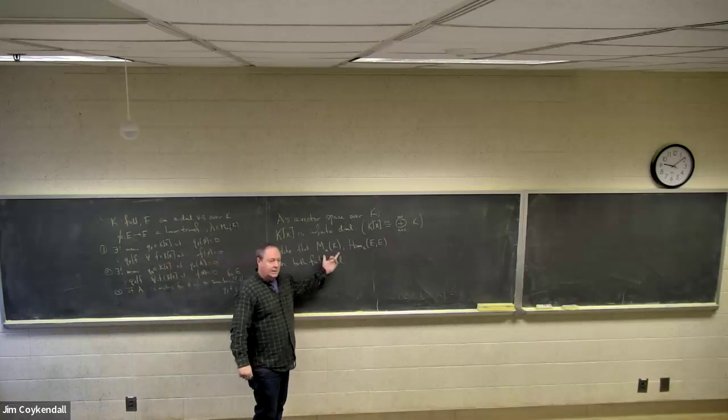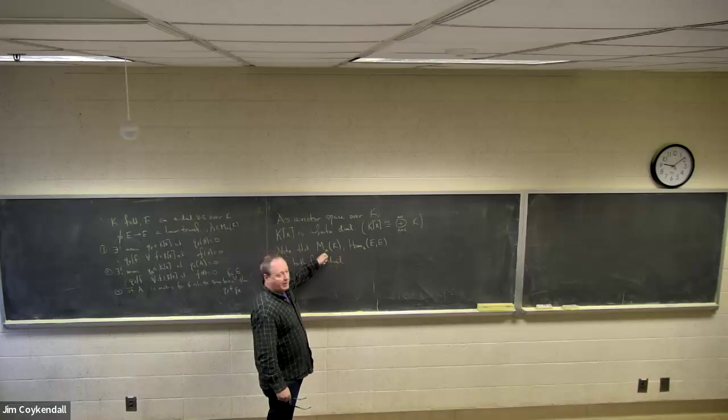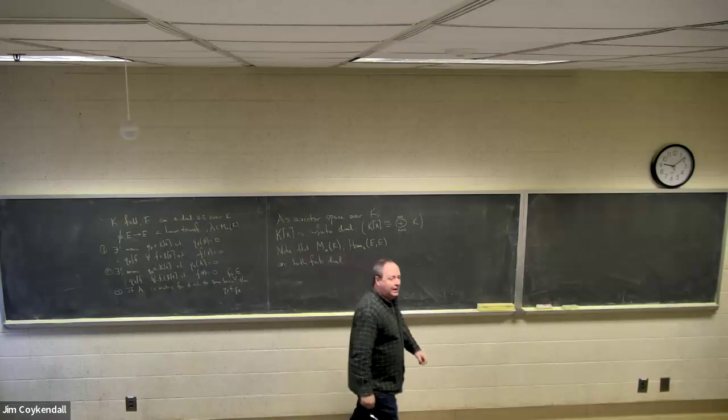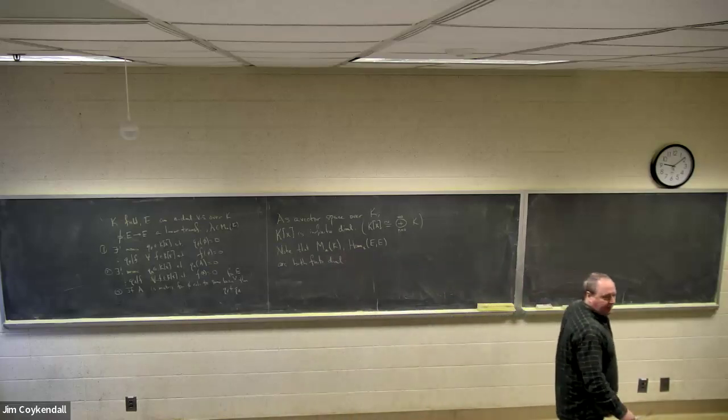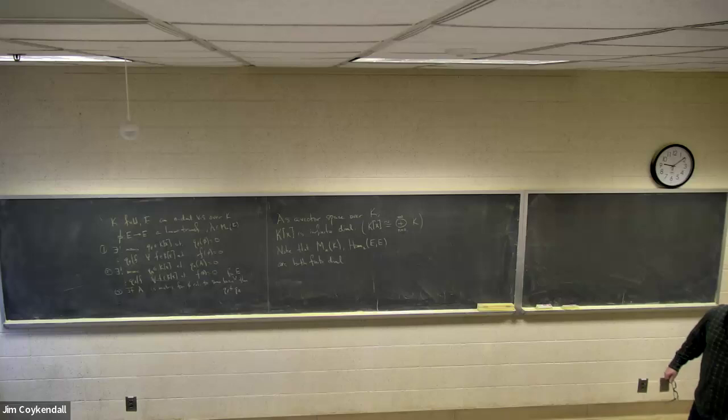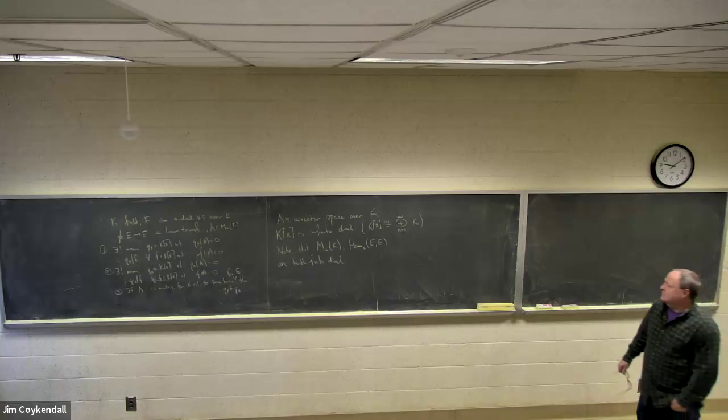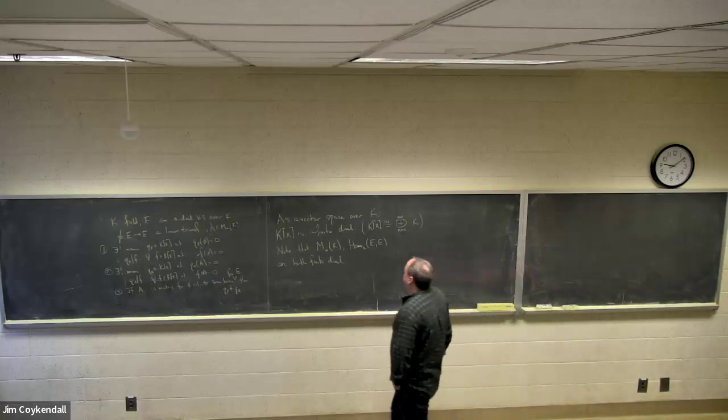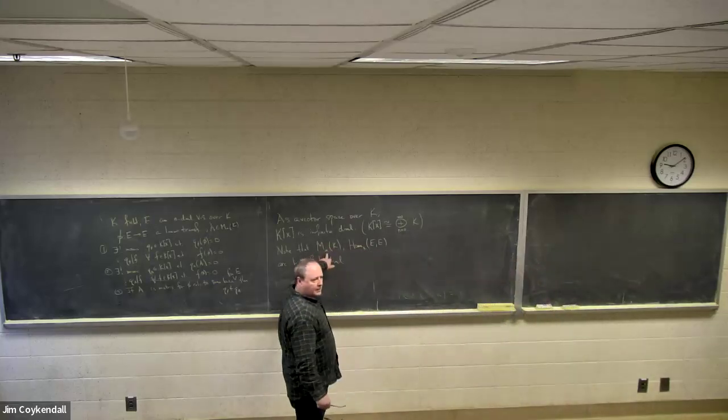I'll leave it as an exercise to show this. What is the dimension of M_n(K) over K? It's a vector space, and these are n by n matrices, so it should be n squared.